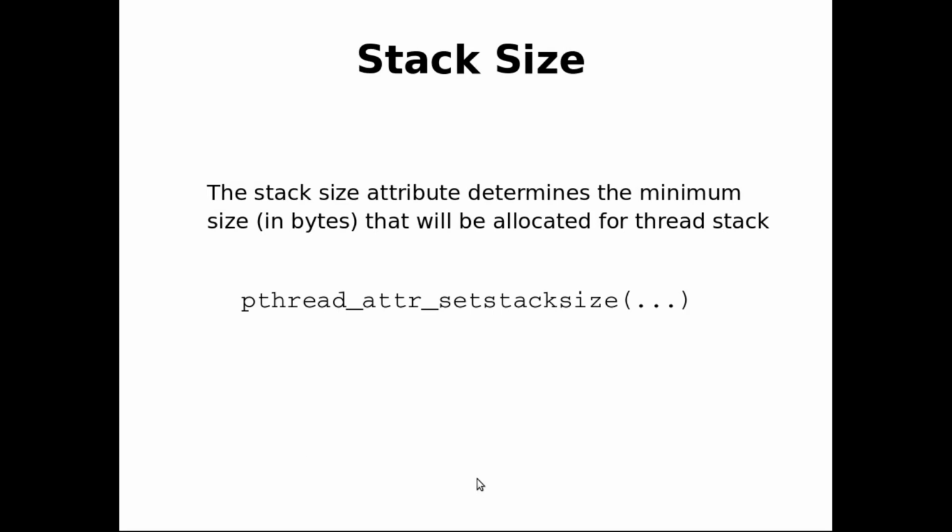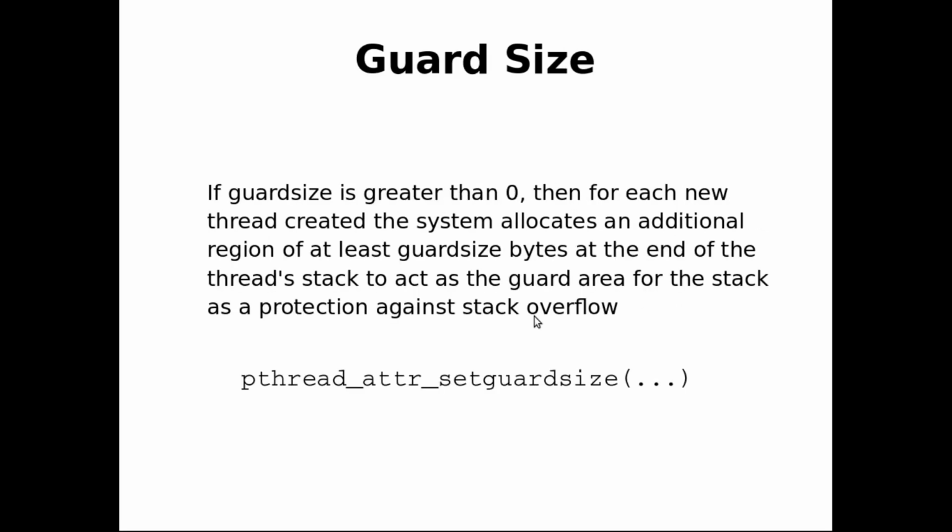The next attribute is stack size. The stack size attribute determines the minimum size that will be allocated for the thread stack. And this attribute can be modified using the set stack size function. The guard size attribute tells you how many bytes will be allocated as a guard against the stack overflow.